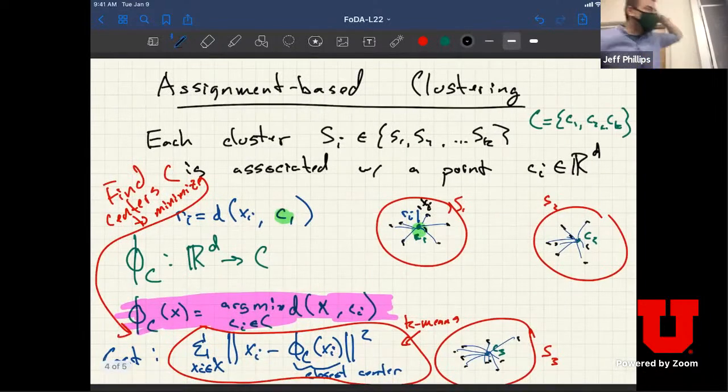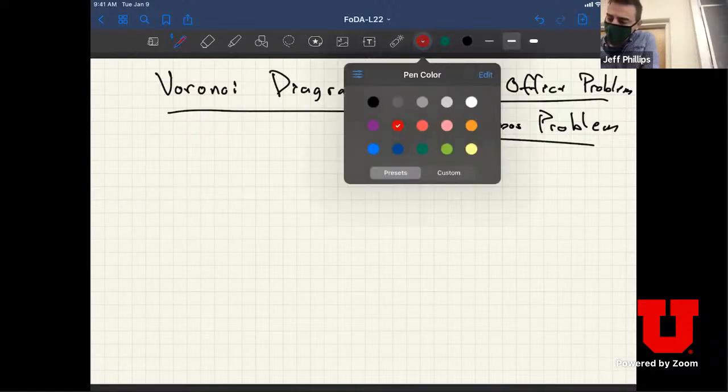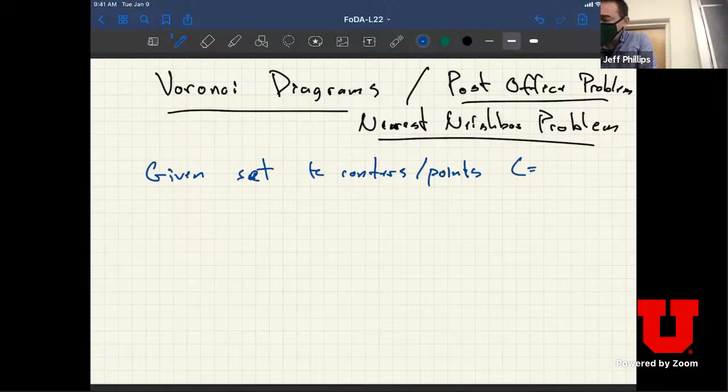Again, the goal of clustering is implicitly to find the centers. This is now the problem where we are given a set of k centers or points, which I'll call C1 up to Ck, and these are a subset of R^d.